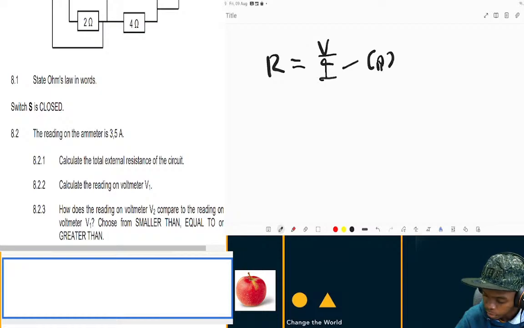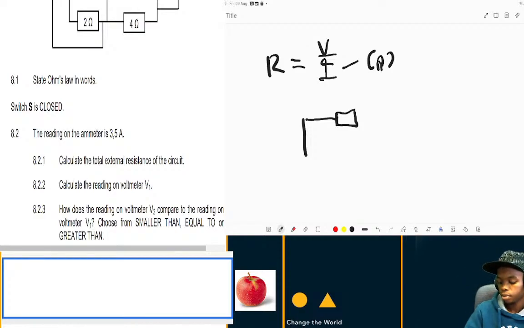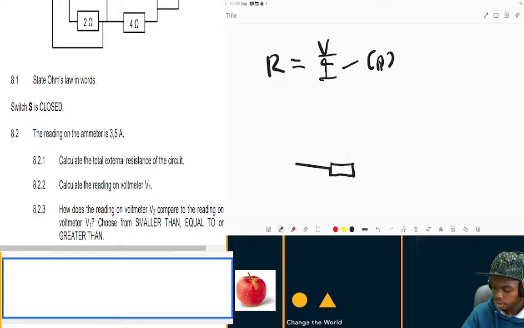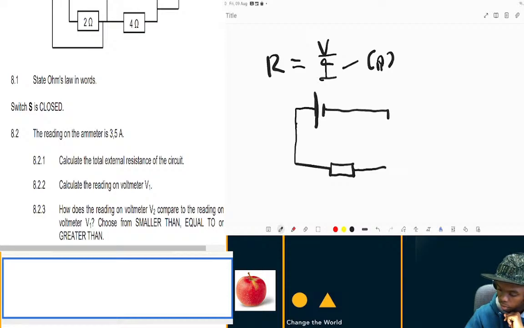You won't find an electric circuit where, let's say you have a resistor, and I want to measure the current going through this resistor, and I place my ammeter in parallel.